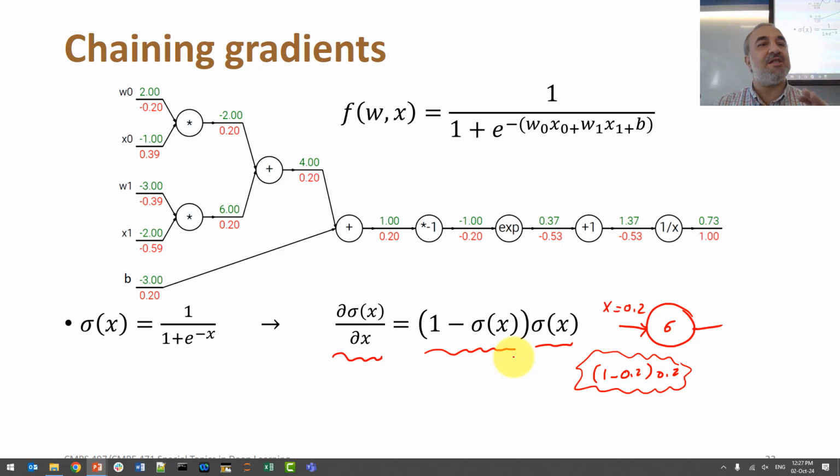So that's the idea: you can group together the gates for which you know as a group the local derivative. For each activation function, we can know how to compute the local derivative, so we don't need to decompose it into smaller ones.